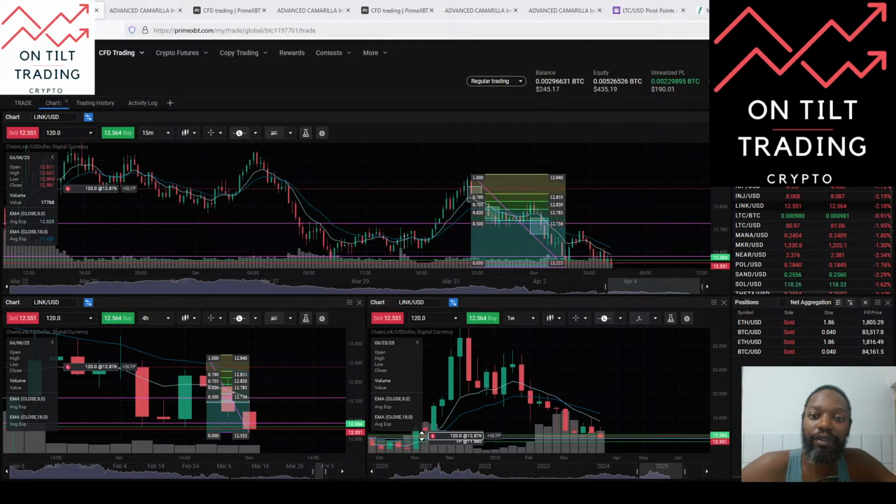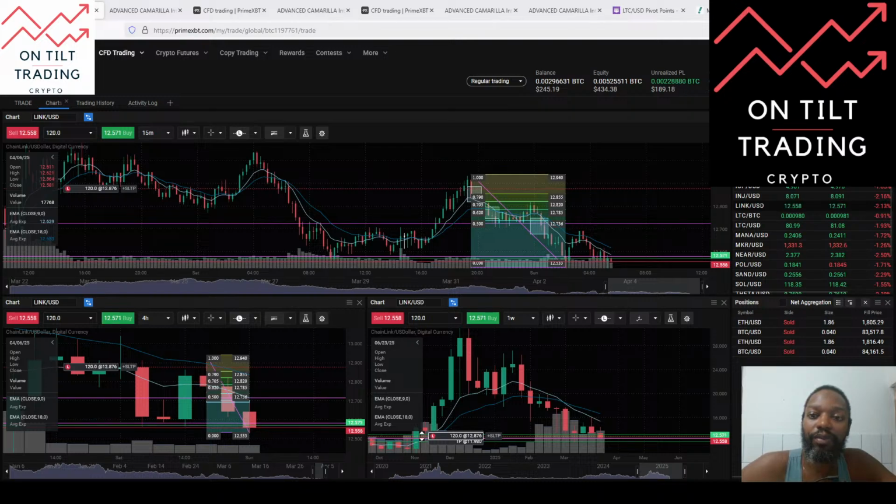So anything below here would be discount. So this is where I would want to go long. If I were buying, I would want to go long below this level. For selling here, everything above this 0.5 level, this would be premium up here.